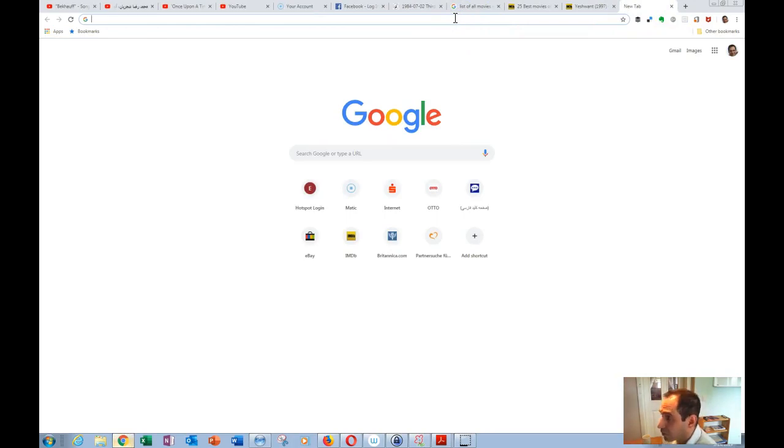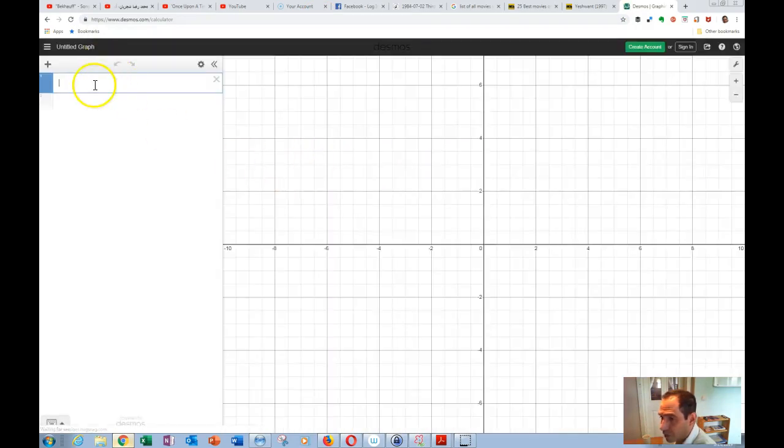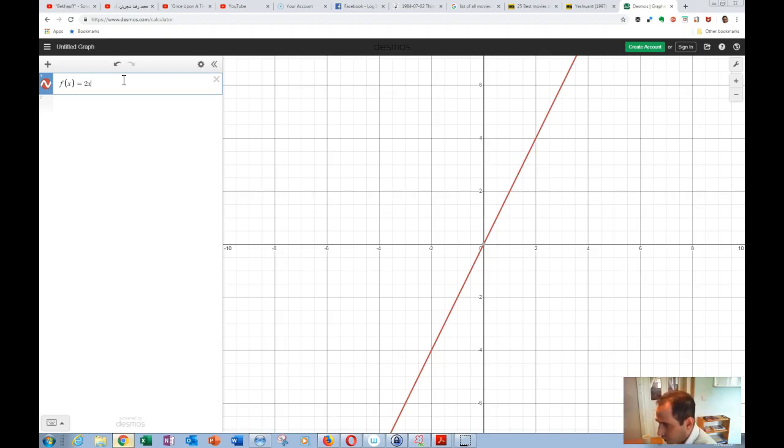If you go to, for example, desmos.com, you could enter f of x, for example, or y is equal to 2x, and you see that you'll have a straight line that goes through the origin.